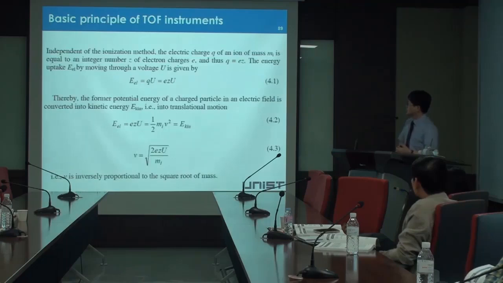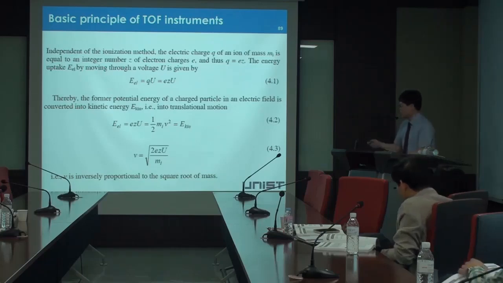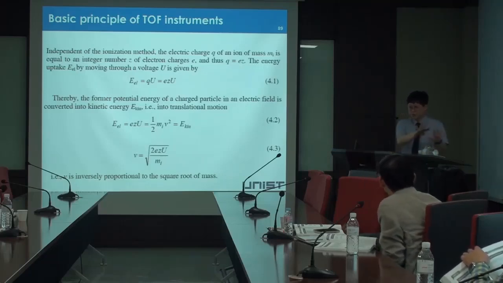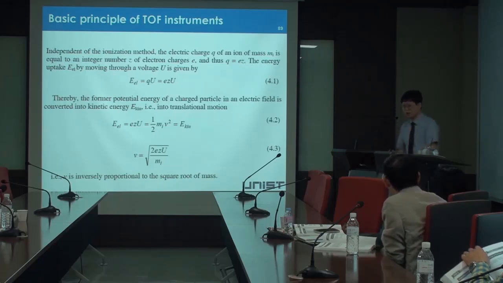Okay, TOF is based on, actually there are many equations, but this one is important. Energy is this one, the moving energy, the kinetic energy equation. This is a very basic physics equation. M is molecular weight or mass, V is speed. So when we input the same energy into different molecules, the molecules get the same energy.